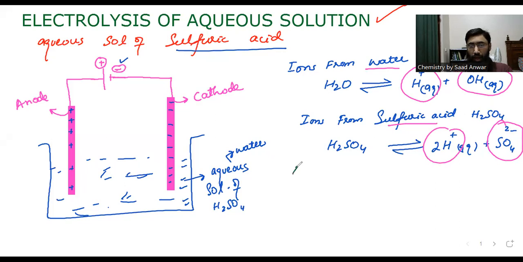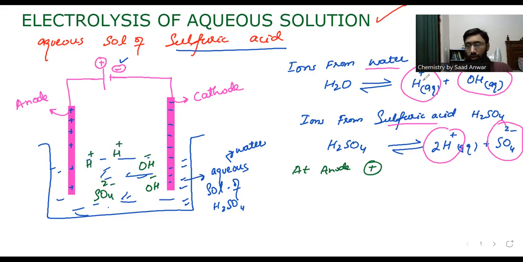So at the anode, you see, the anode carries positive charge. It means all those ions present in the solution which have negative charge will move towards the anode. In my solution, I have a lot of hydroxide ions, a lot of sulfate ions, and a lot of hydrogen ions as well.